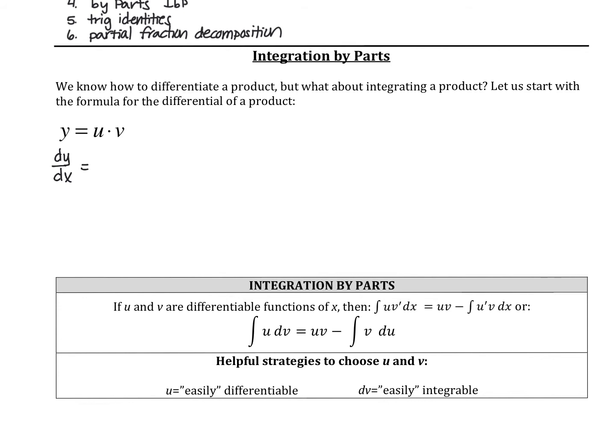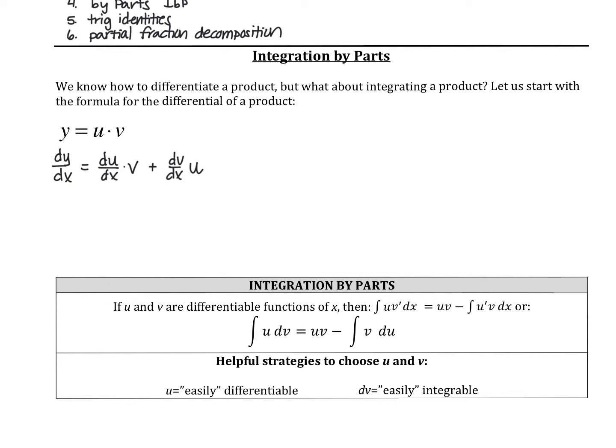So it is a product rule: the derivative of u with respect to x times v plus the derivative of v with respect to x times u. And yes, u and v can get a little bit confusing, but typically those are the variables used for integration by parts. So maybe just put that little tail on the u as you write it.